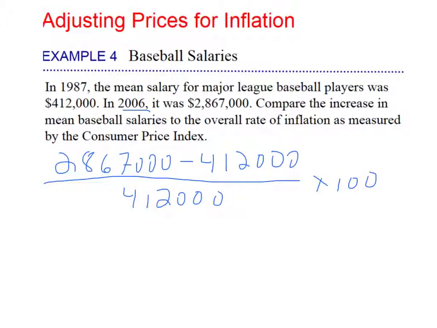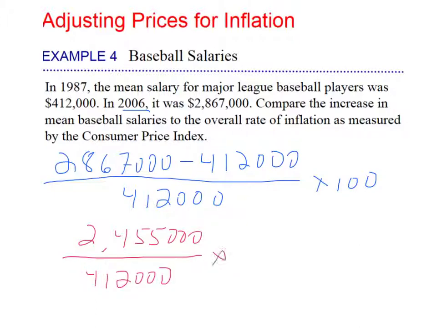So the absolute increase was 2,455,000. We'll find the relative increase, the percentage change, by dividing by what the salary was back in 1987.